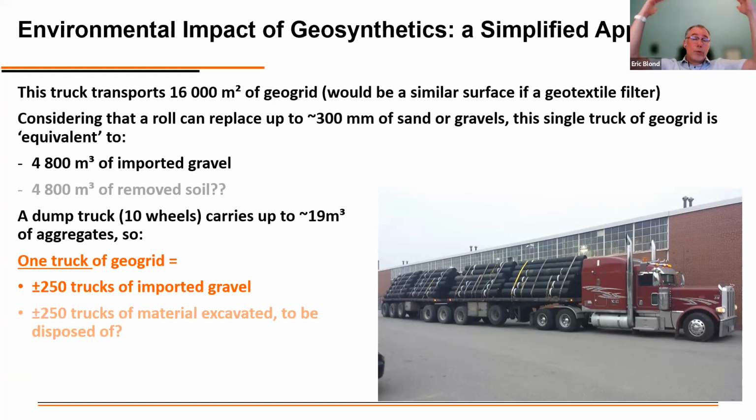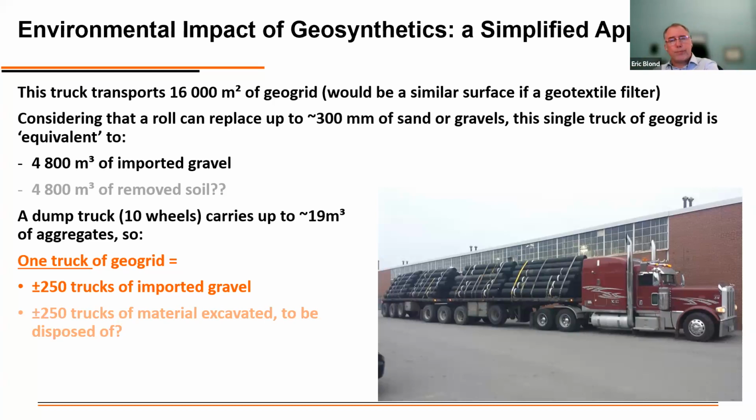We cannot build and increase the height. So which means for every quantity of material which is imported, we have to remove a similar quantity of material. Long story short, one truck of geosynthetics will be equivalent to up to 500 trucks if the geotextile or geogrids can be proven to replace 300 millimeters of granular material. So it is, from there, it's not necessary to do much more calculation.